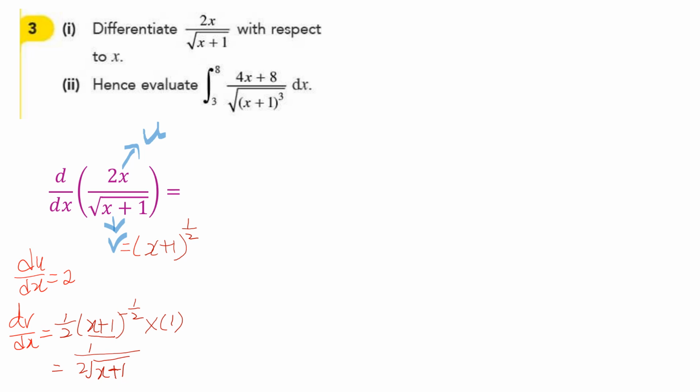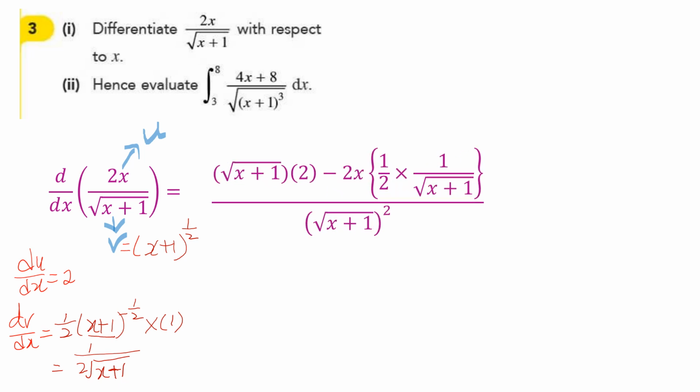And you can plug it into your quotient rule, which is v du over dx minus u dv over dx, all over v squared. Alright, so this is what I have. v, which is square root of x plus 1, times du over dx, which is 2, and so on and so forth.